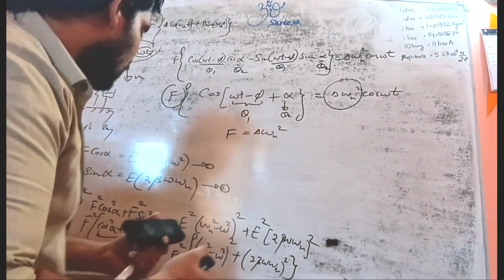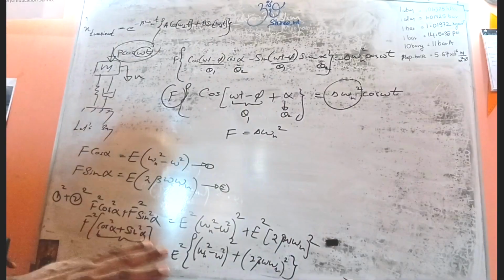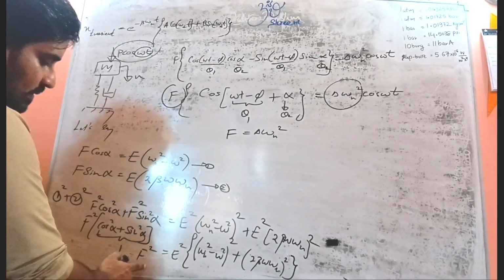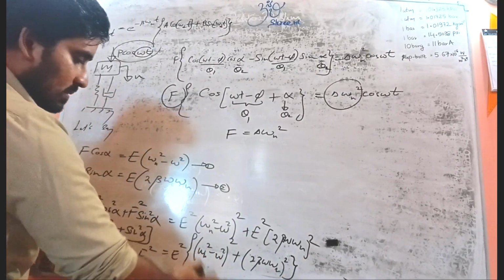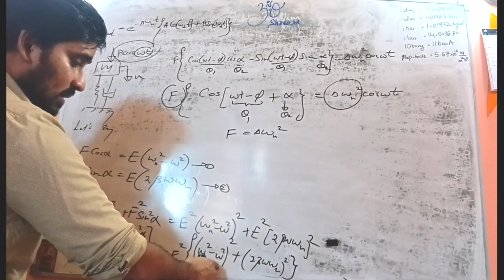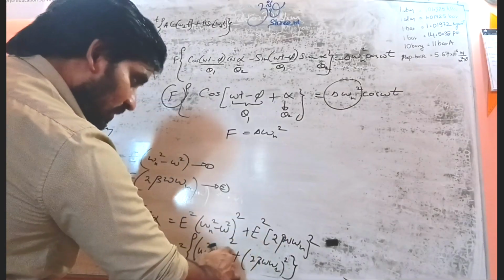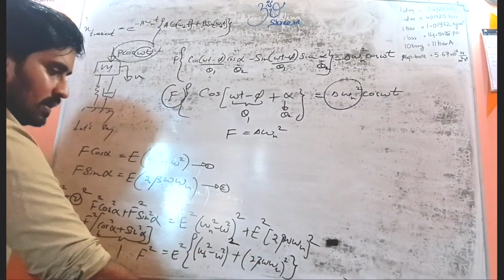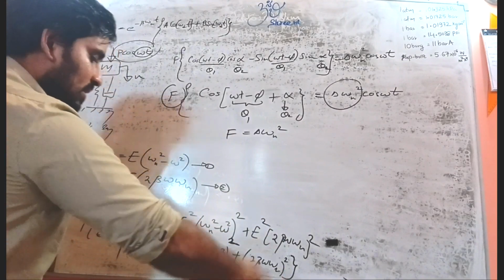So we can say here we have F squared equals E squared times omega n squared, natural frequency, minus omega squared, whole thing squared of it, plus 2 beta omega n, whole thing squared.